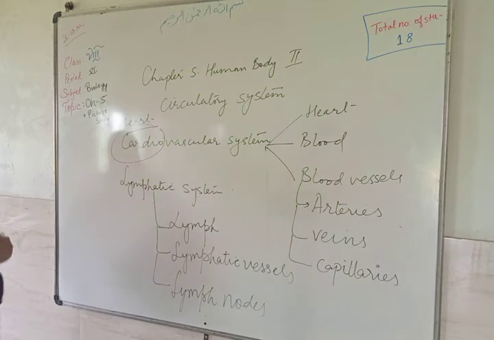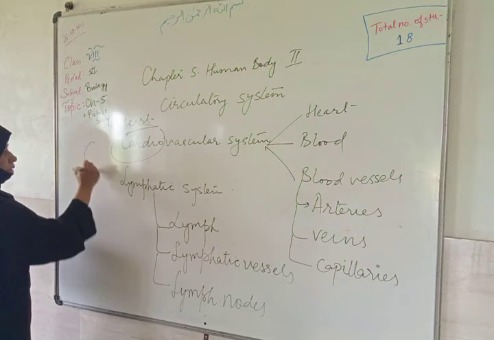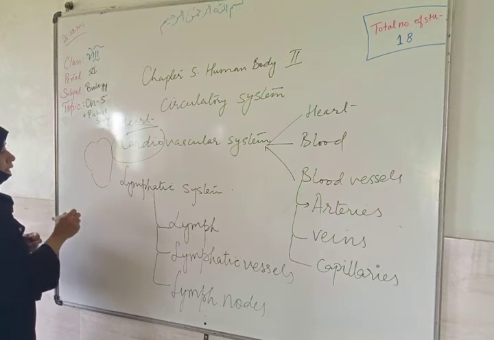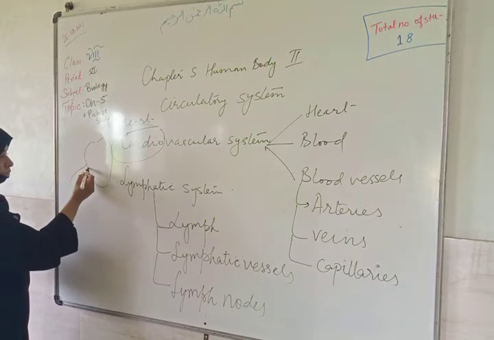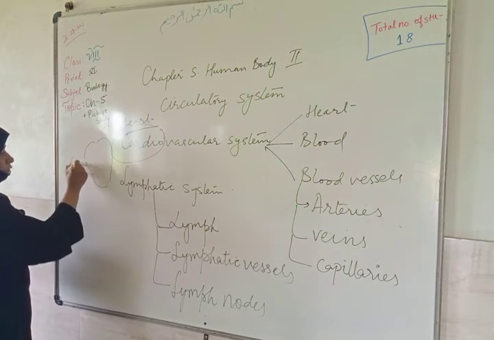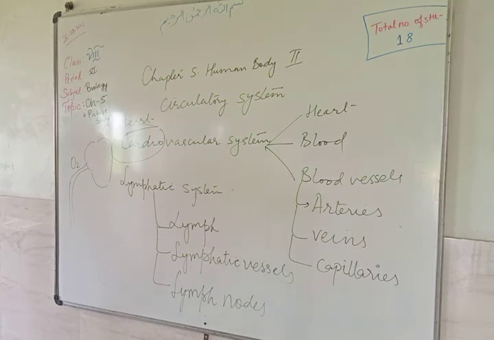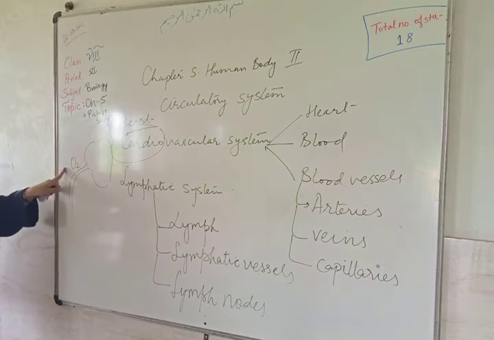Because of your question, I will first tell how they work. This is the heart, and arteries carry oxygenated blood, the blood which has oxygen. Our body needs oxygenated blood to be alive, because oxygen is needed for respiration.